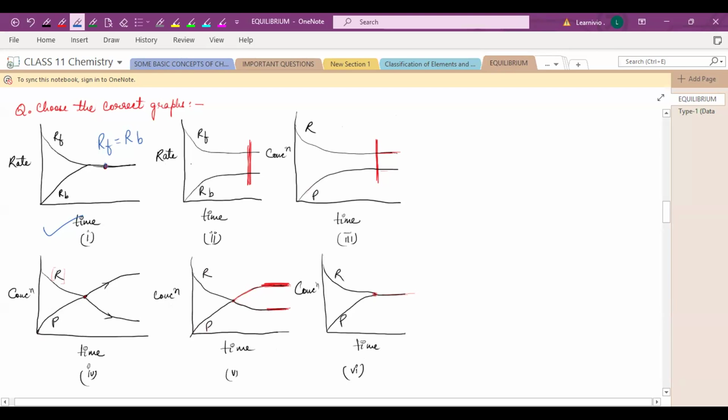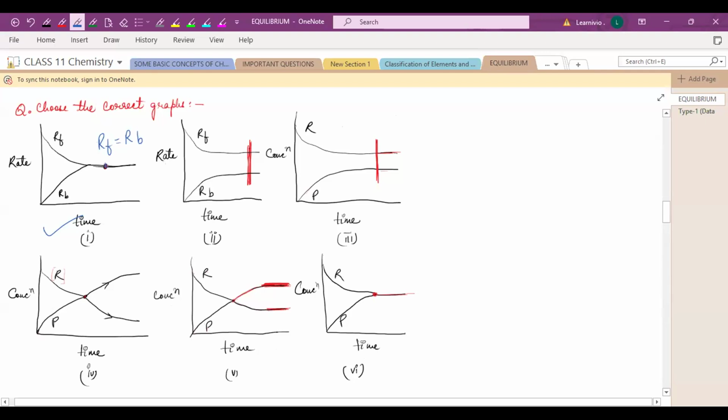We can't say. In the rate versus time graph, we will check whether the rate of forward reaction is equal to the rate of backward reaction. And in the concentration versus time graph, we will check whether the concentration of the reactant and the product is constant or not, right? So here we have to check RF is equal to RB. Here you can see the rate of forward reaction is greater than the rate of backward reaction, right?